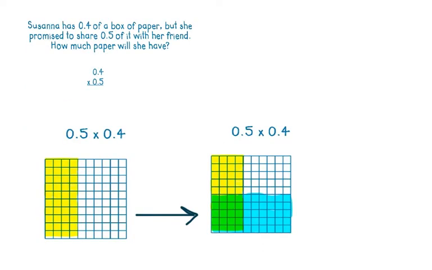Take a moment to read the problem situation. In this example, we are asking how much is 5 tenths of 4 tenths of a box of paper. We know that 5 tenths is equivalent to 1/2.